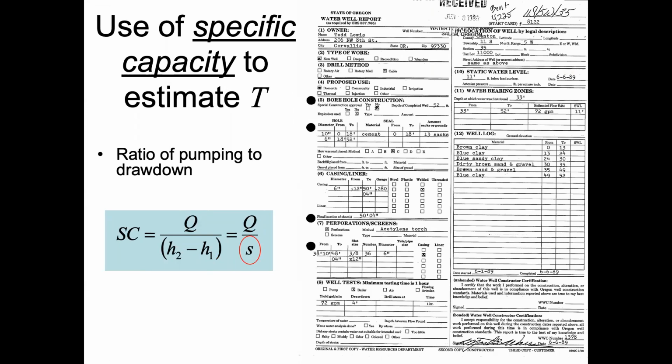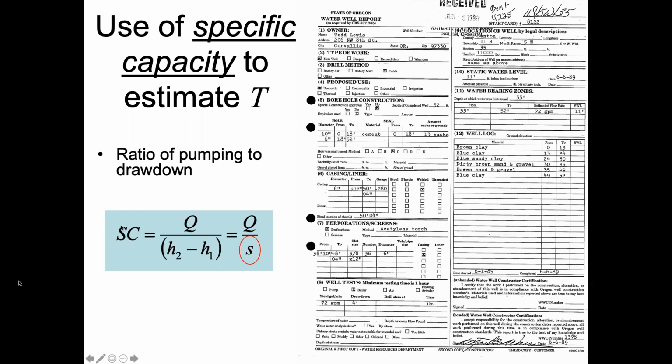So another way, when you're in the field and thinking about an environment, to get an estimate of our transmissivity, it gives us some conditions to think about. We can use what's called the specific capacity to estimate the transmissivity.